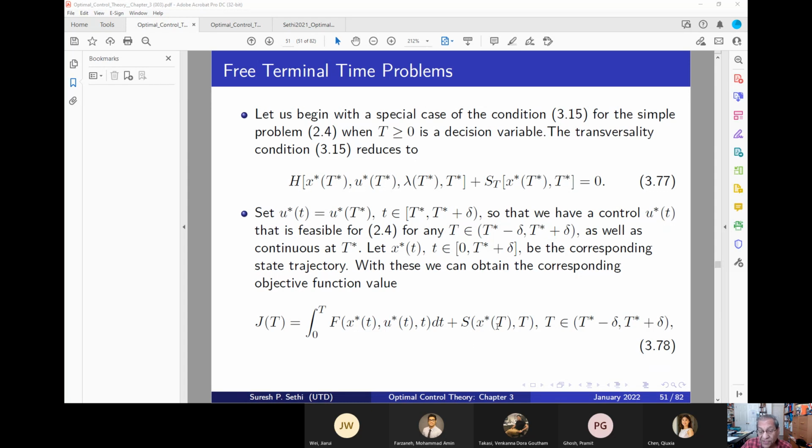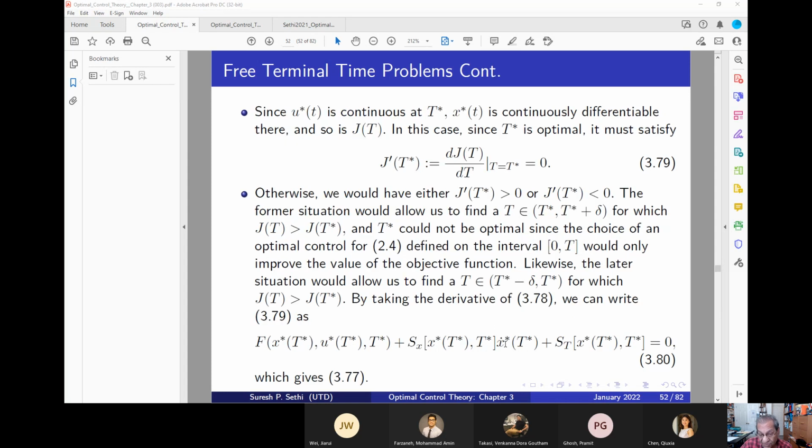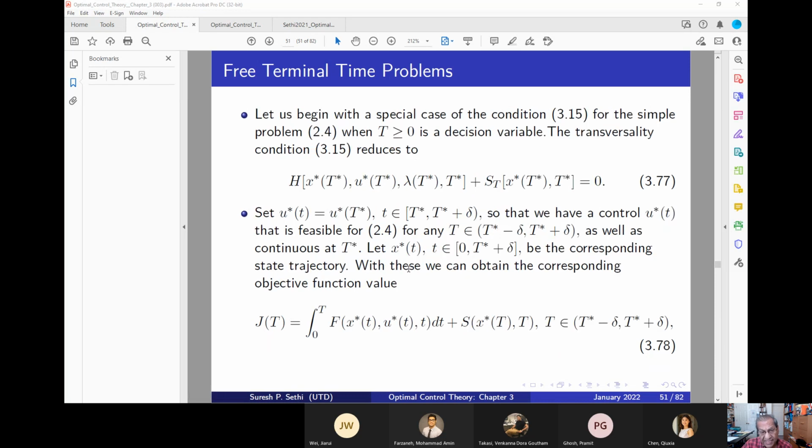And then you take the derivative of x star t with t, and that will be x star dot t, which will be lambda times f sub x, x star dot. But f sub x is exactly lambda, and x dot is exactly small f. So this is lambda times small f. But lambda times small f is exactly the Hamiltonian, and this is already f sub t. So we get exactly the Hamiltonian plus f sub t.